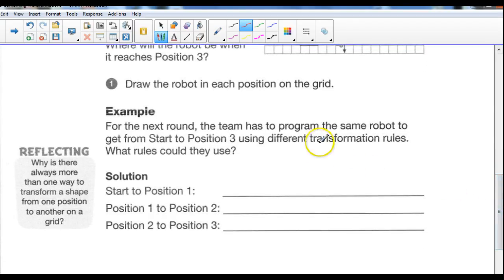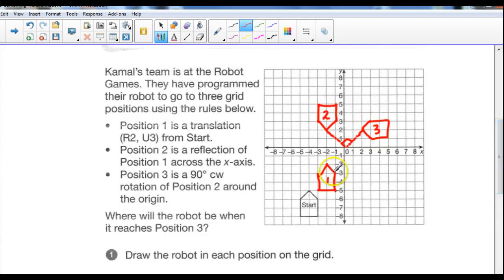For the next round, the team has to program the same robot to get from start to position 3 using different transformation rules. What rules could they use? Well, we have to use something different. Here it was slid or translated to here, then it was reflected, then it was rotated.